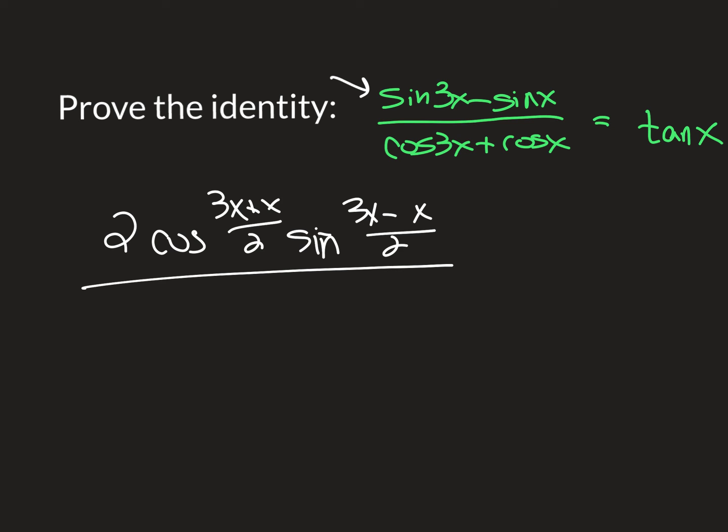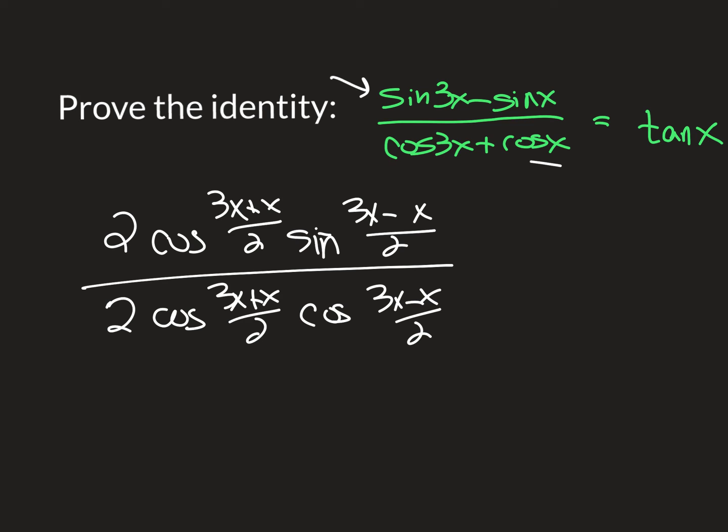Down here I have a cosine addition, so I'm going to follow that formula, and I'll have 2 cosine of (3x plus x) over 2, which looks familiar from the top, and also cosine of (3x minus x) over 2.